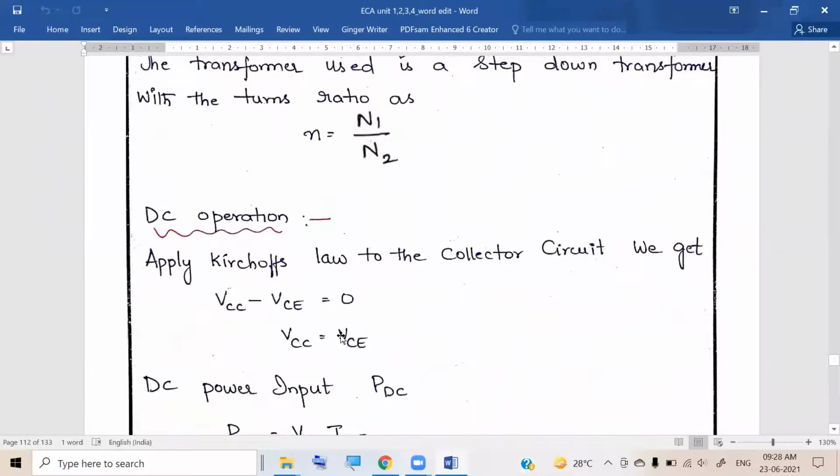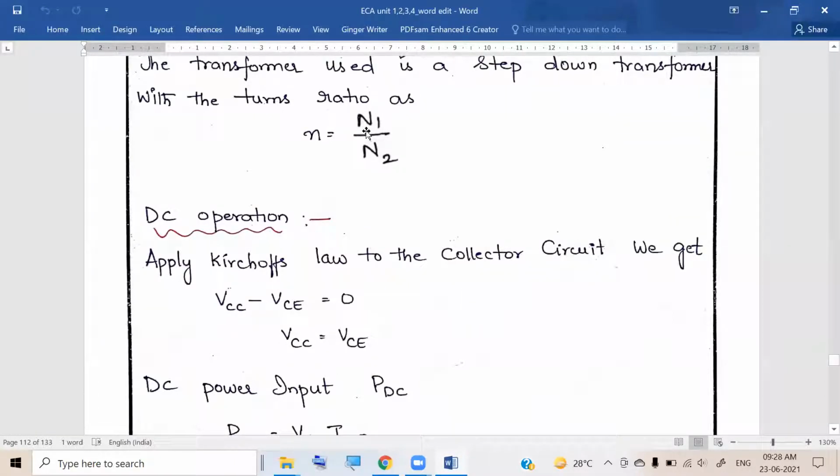So what will be the load line? Just look at this equation. Tell me what will be the load line. Anybody? I will give you 1 minute. Think and tell me. Just look at this relation, very easy. VCC is equal to VCE.